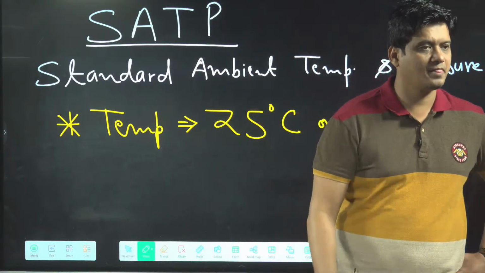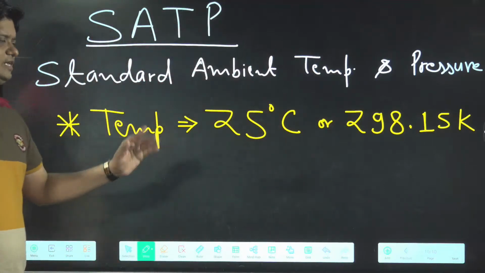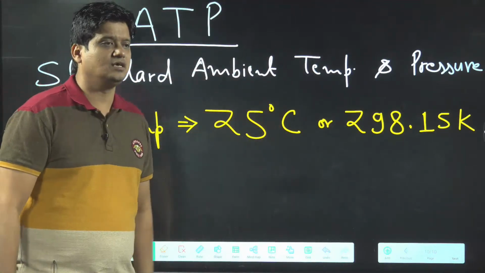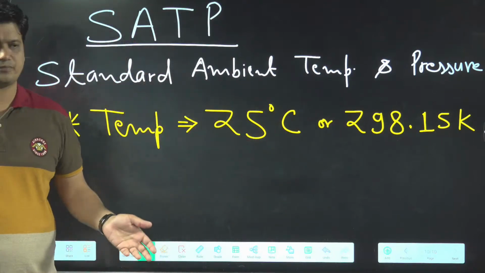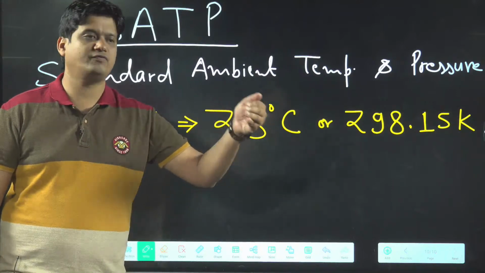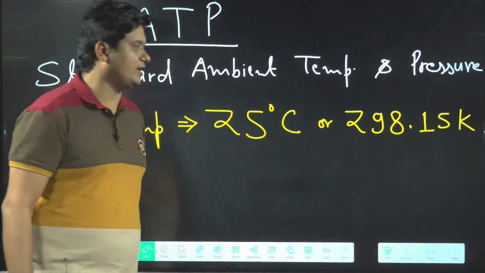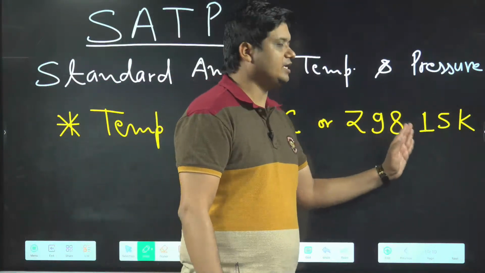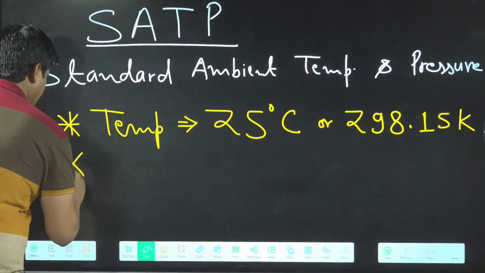So here the standard ambient temperature is 25 degrees Celsius, and if I add 273.15, I'll get 298.15 Kelvin.